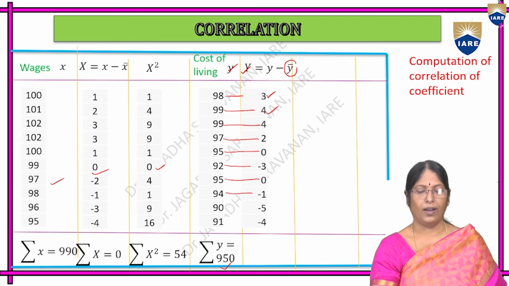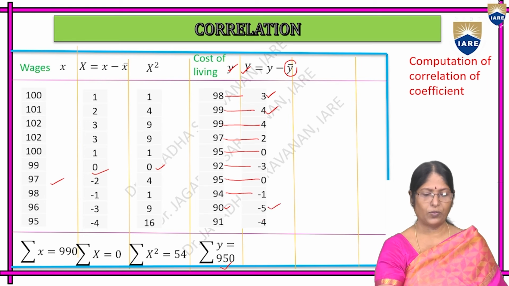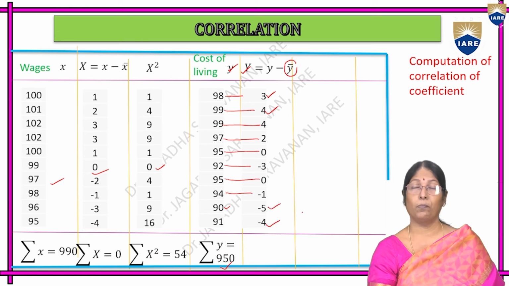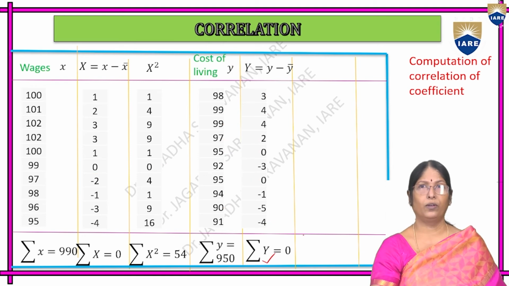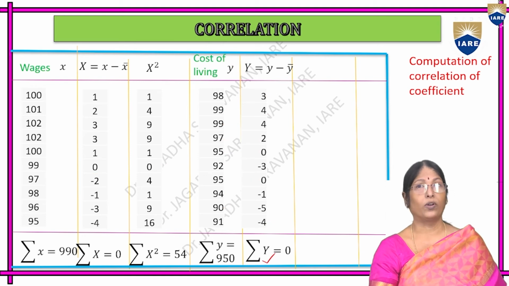In a similar way, the other two we also got: 90 minus 95 is minus 5 and 91 minus 95 is minus 4. So we added summation y and got the value 0.